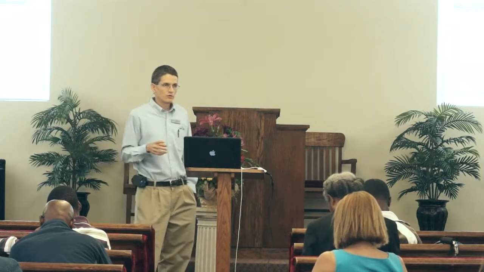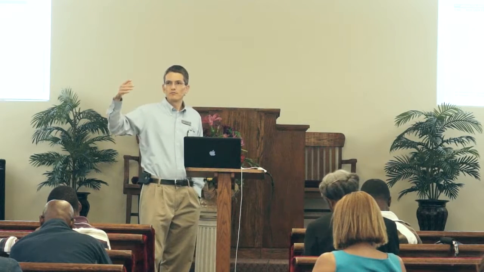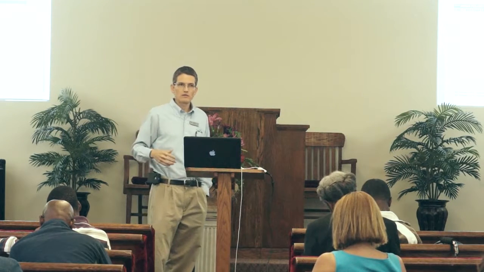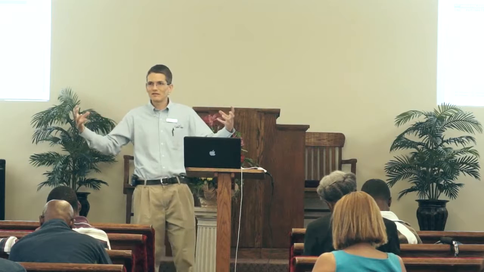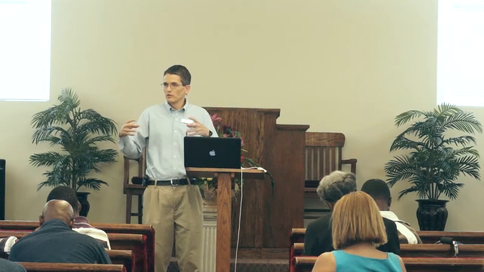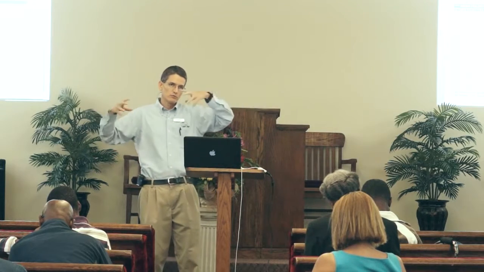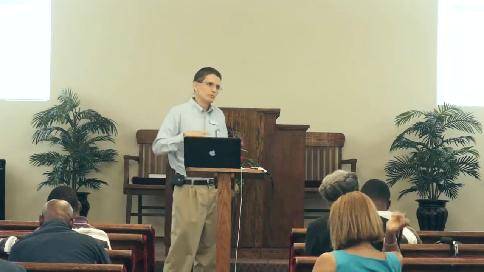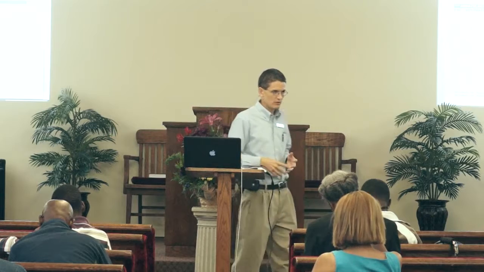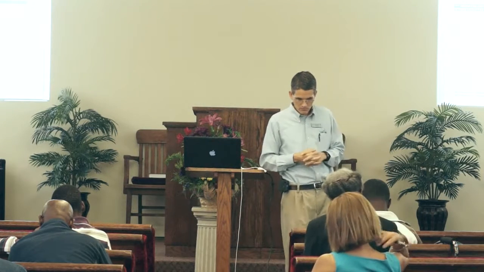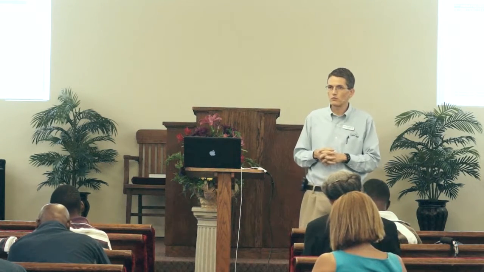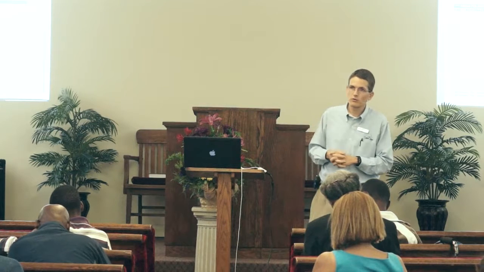If your RDW number is high, that means you've got more difference in the sizes of the red blood cells. Some more of them are going to be big, some more of them are going to be small, and there's a bigger difference between them. Typically, that happens with iron deficiency anemia. That's the most common reason that we see that number to be high.